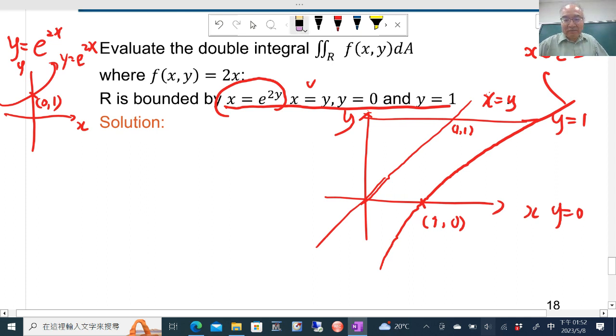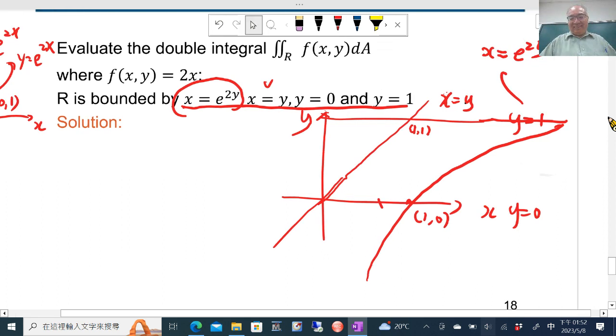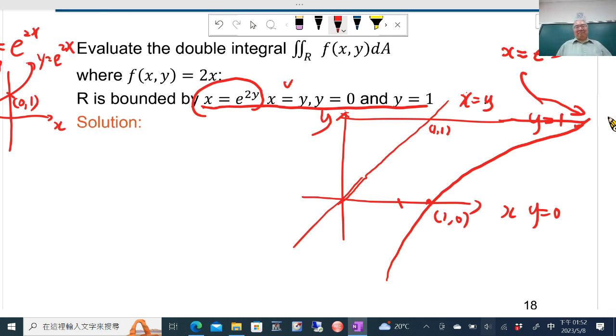No, actually this is not look like that one. This is 1, 0. Okay, that might be better. And this is a curve, x equal to e to the power 2y. Okay, and since the region is bounded by these 4 lines, 4 curves, so the integration region should be something like this.